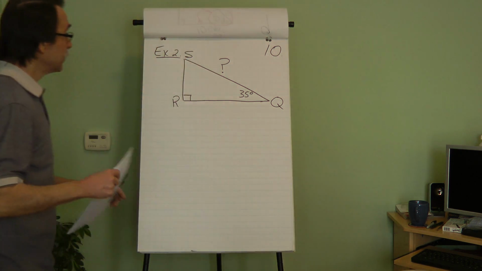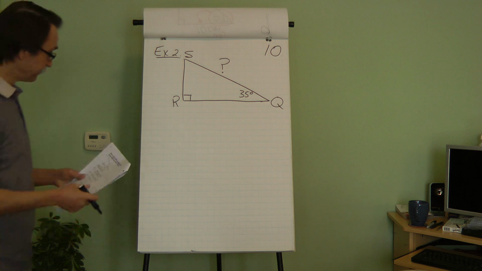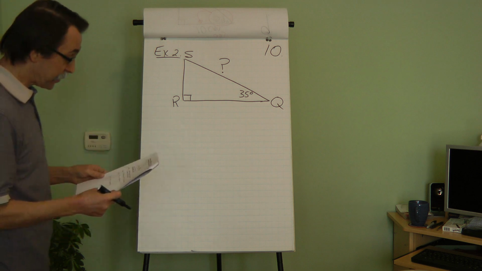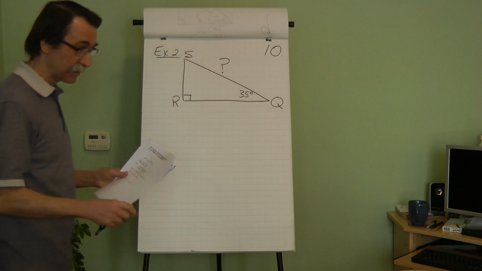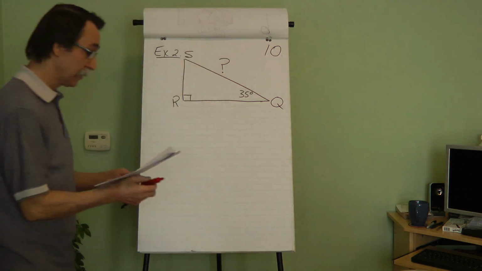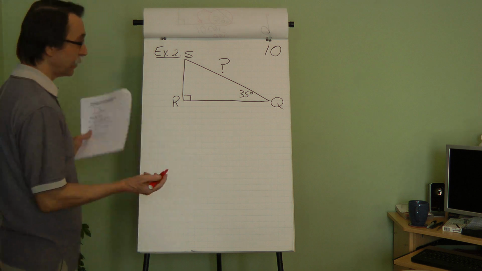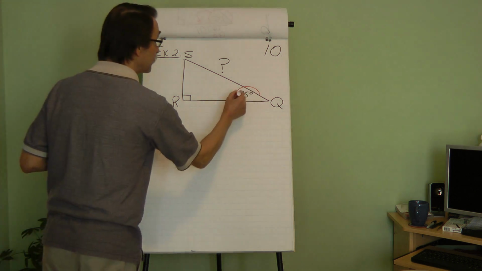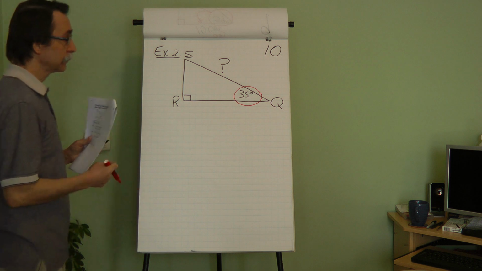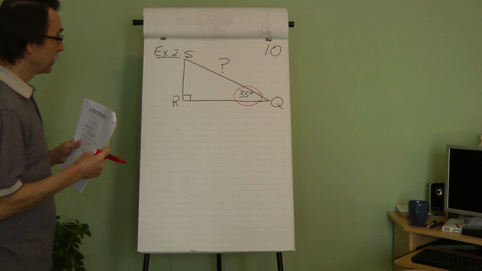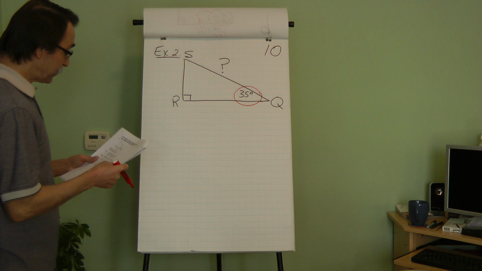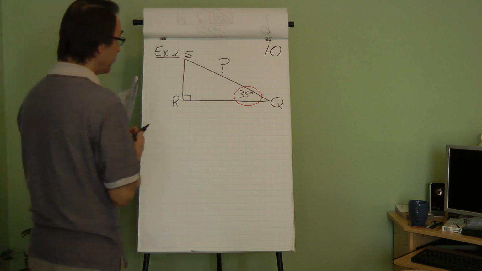Okay, so if we follow the directions that you see on page 10, step 1 is the exact same as the last one. It says circle the angle of interest and name the two sides. Well, again, the angle of interest is right there. Name the two sides. Oh, by the way, I'm missing the 12.1 here.